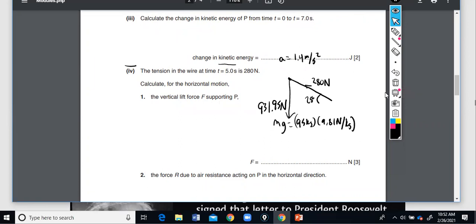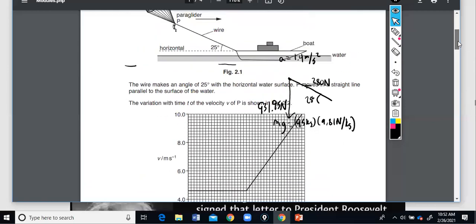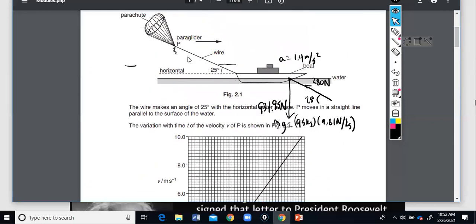So there must be a component of tension that's acting vertically and a component of tension that's acting horizontally, right? Because the wire is going at 25 degrees above the horizontal.